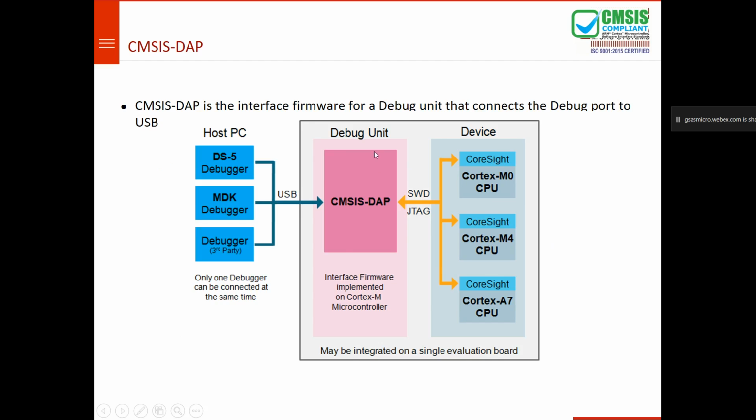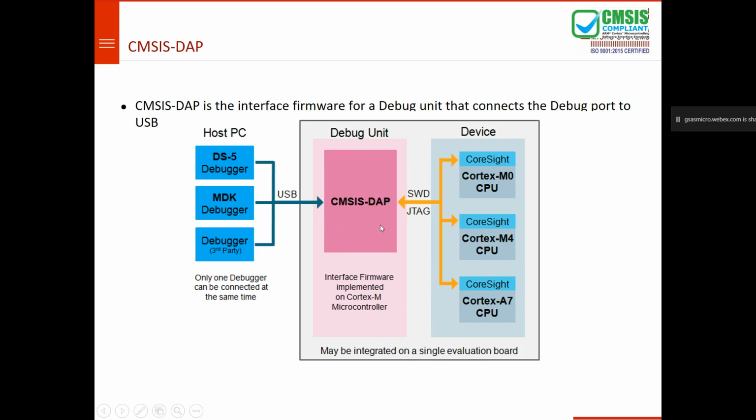This interface will configure the USB of the particular microcontroller as a human interface device, so that no drivers are required on the host system, and we can directly control the target device on this board. So you need to have CMSIS-DAP. This is the interface, usually programmed in a Cortex-M microcontroller. Please note this Cortex-M microcontroller is different from the actual device on your hardware board.